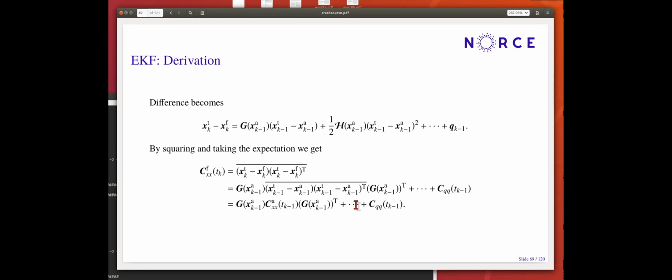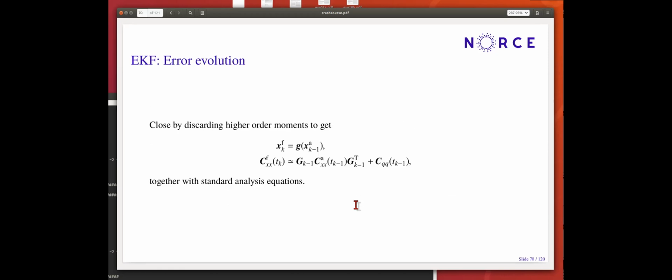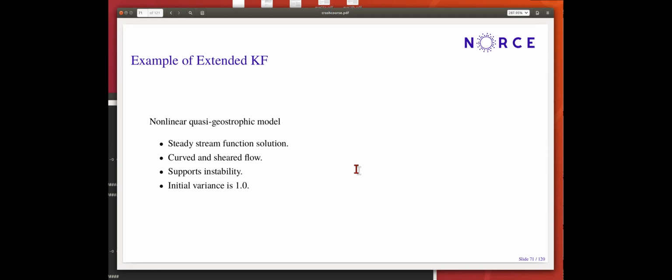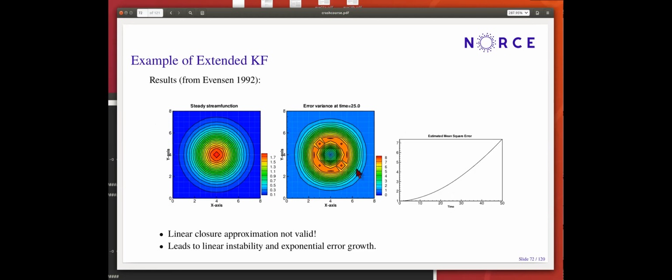And it's this saturation of errors that is missing in this equation, as I've neglected the higher order terms. And this is not good news, because it means that you need a lot of measurements to control this increase in errors. Otherwise, your system just goes unstable.